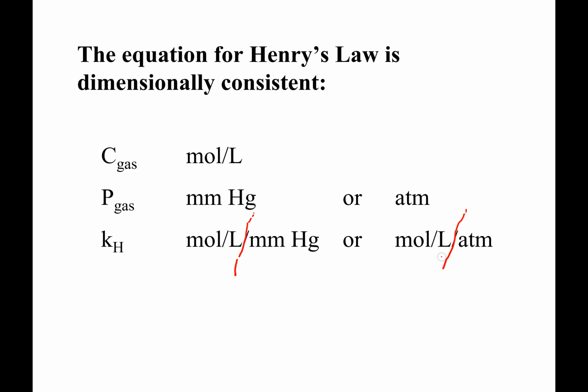So what it really means is moles per liter up here, and down here is millimeters of mercury. Final answer. Okay, so that's what we're talking about there. The other one is moles per liter per atmosphere.